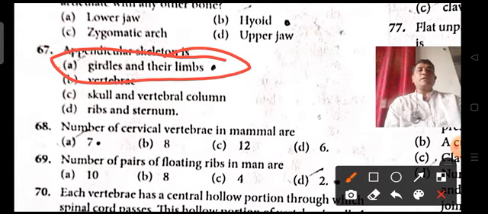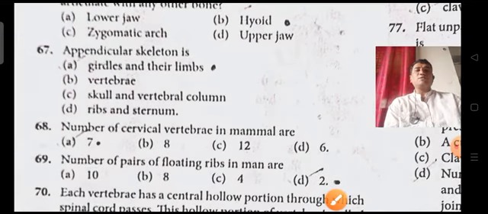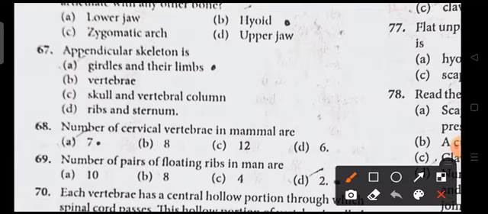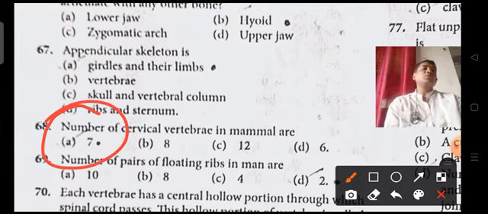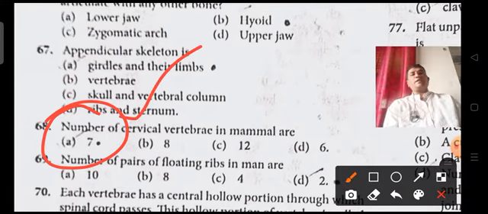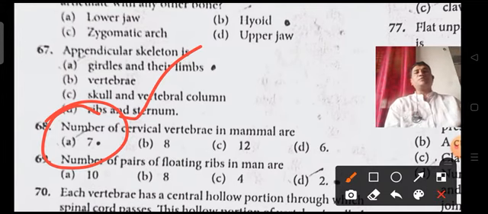Next, the number of cervical vertebrae: already we have discussed that it is 7. Some say 8, some say 7, but it is 7.